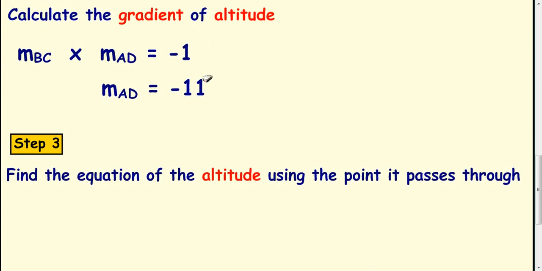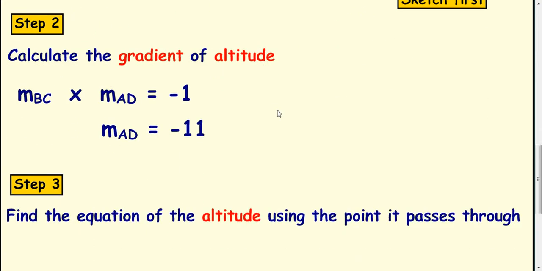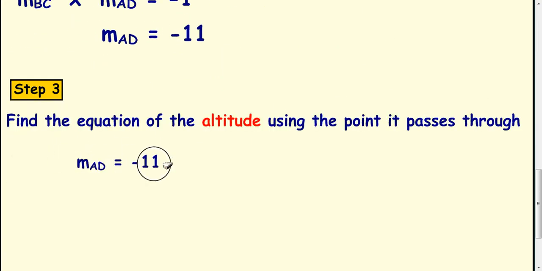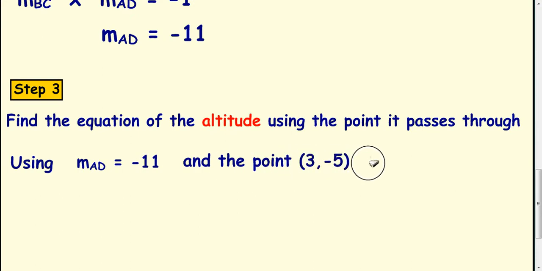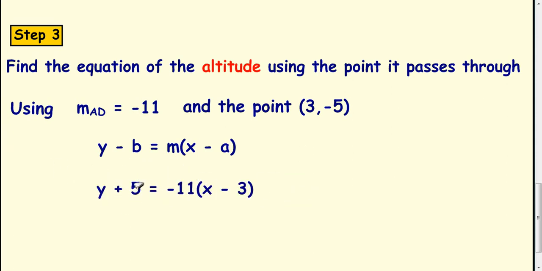So finally, we've got the gradient, we've got a point here, we can do y take b. So using the gradient of -11 and the point (3, -5), we do y take b equals m(x take a). So y plus 5, because that's subtract -5, equals -11 (x take away 3).